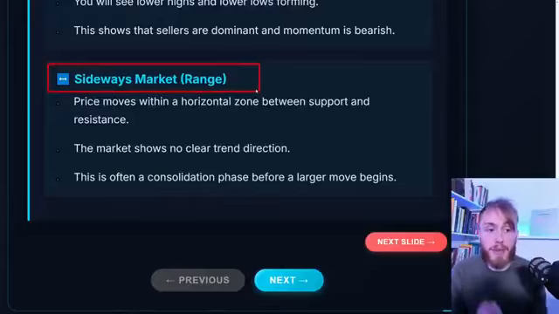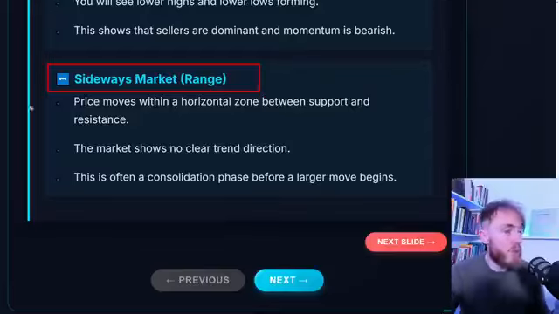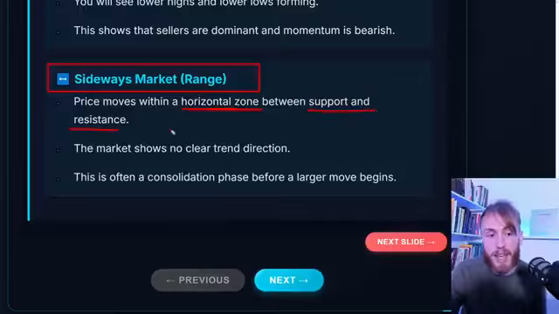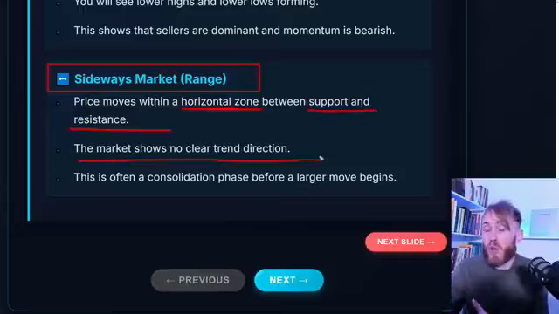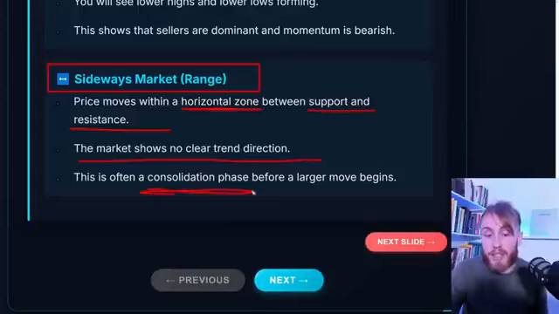The third trend state I want to cover right now is the sideways market, or in other words, the trading range. And this is when the price moves within a horizontal zone between support and resistance. And the market in this kind of state shows no clear direction. And this is often a consolidation phase before a large move begins. And don't worry, you will learn about consolidation later on.